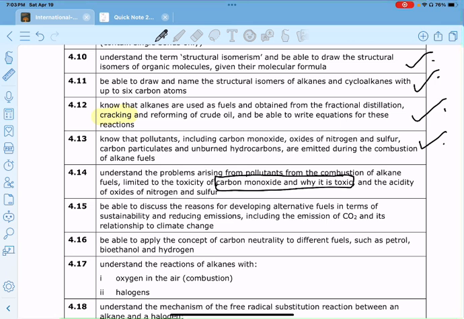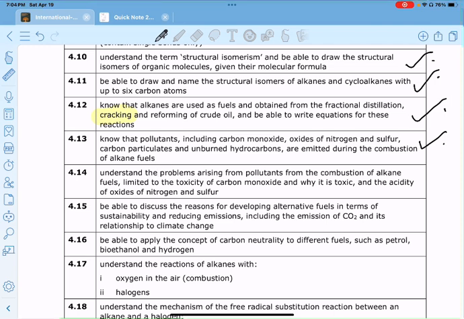Now, acidity of nitrogen and sulfur, we are not supposed to know it as much, but in car engines, with nitrogen and sulfur fuels and the catalysts, we're just supposed to know that the oxides of nitrogen and sulfur are very acidic.